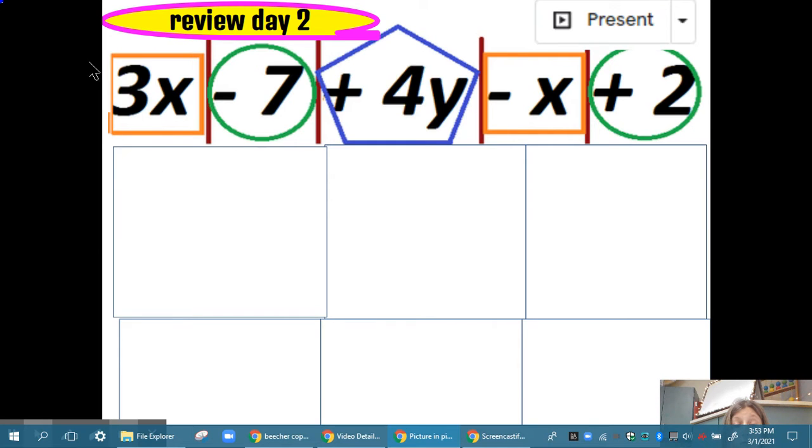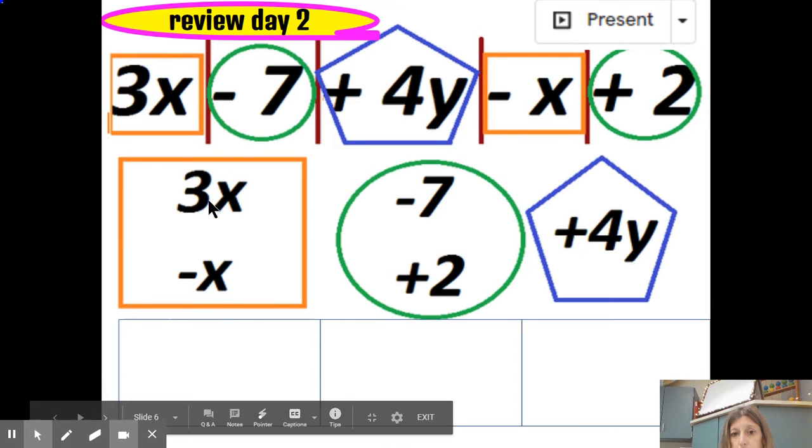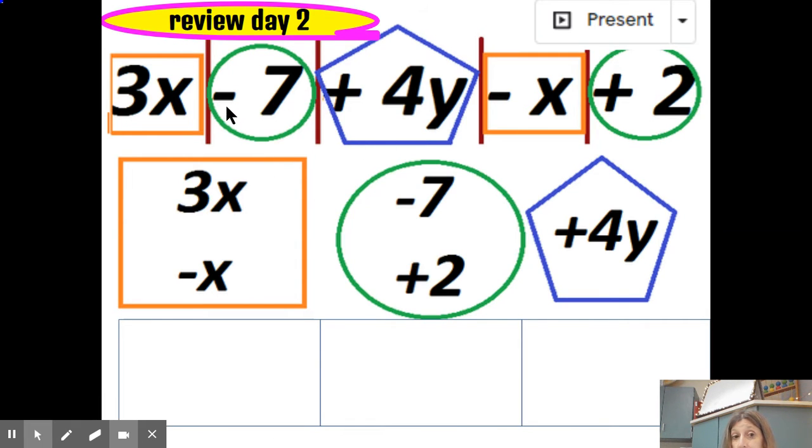So this would be 3x minus 1x. And if we think about the dog breeds, 3 Cholos, and then 1 goes for a walk. How many do we have left? 2 Cholos. Then we can put our constants together and again take the sign before. You can think of integers at this time. So -7 plus 2.